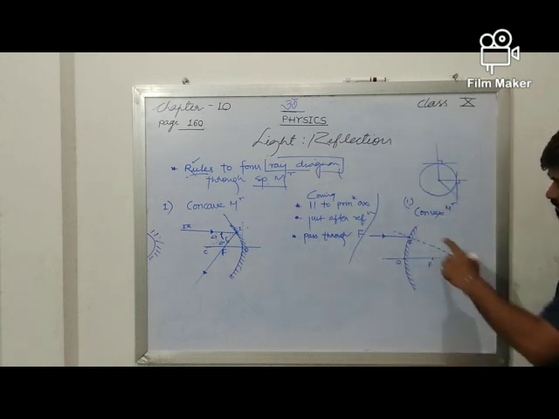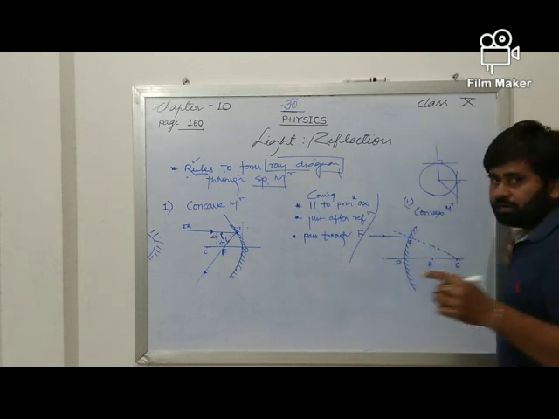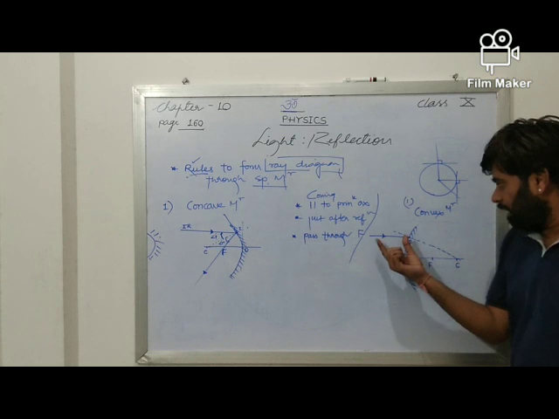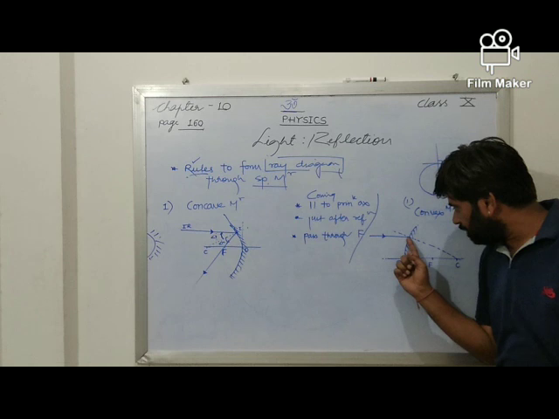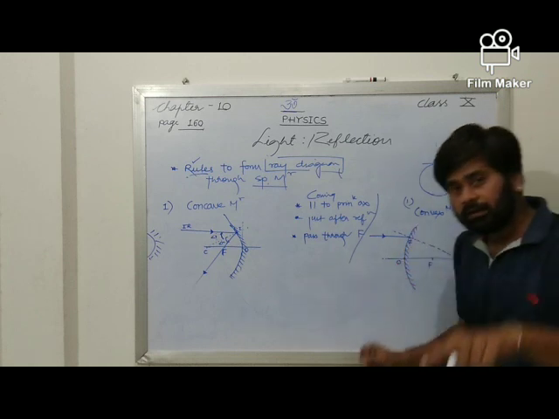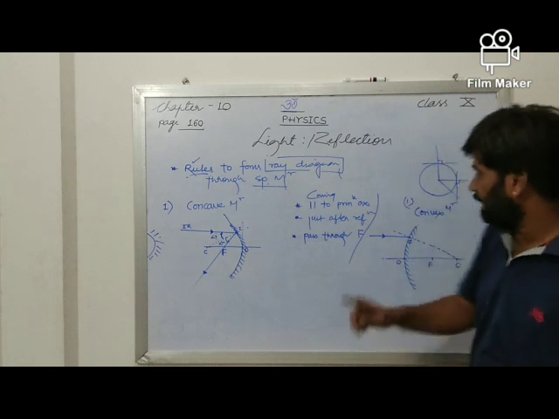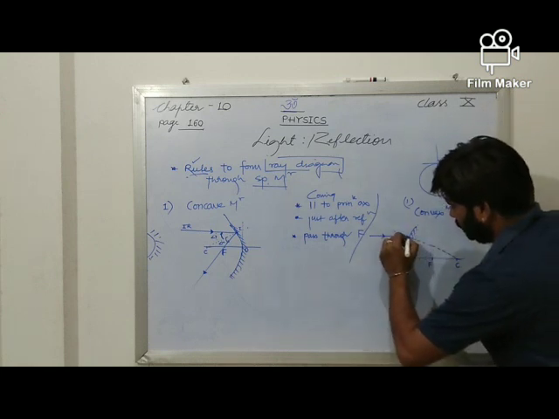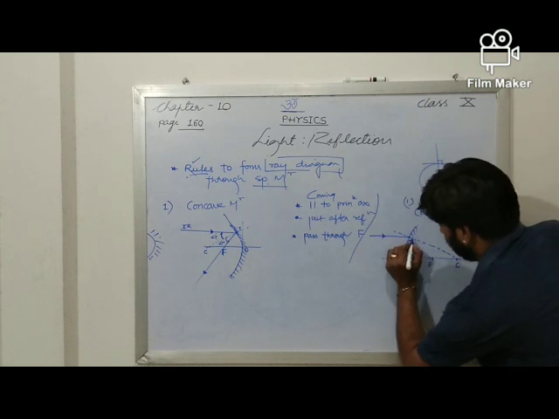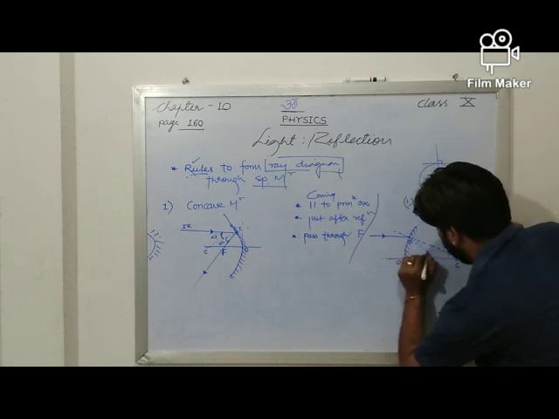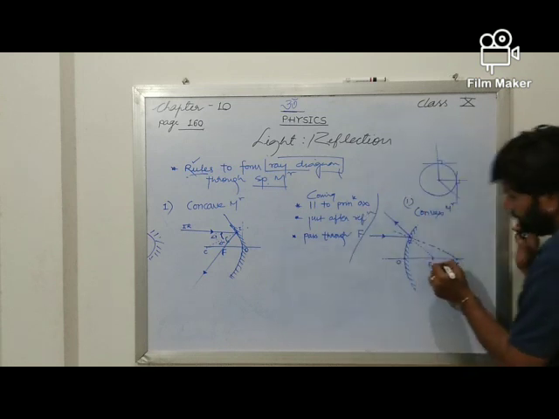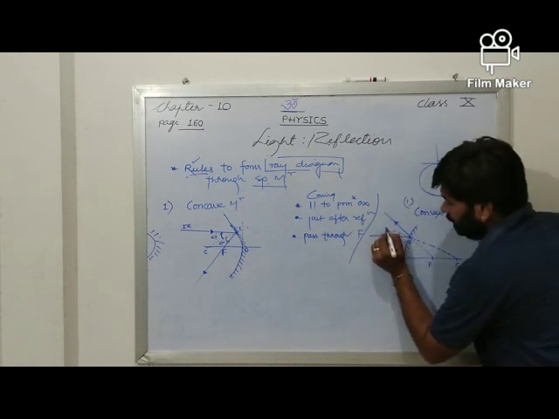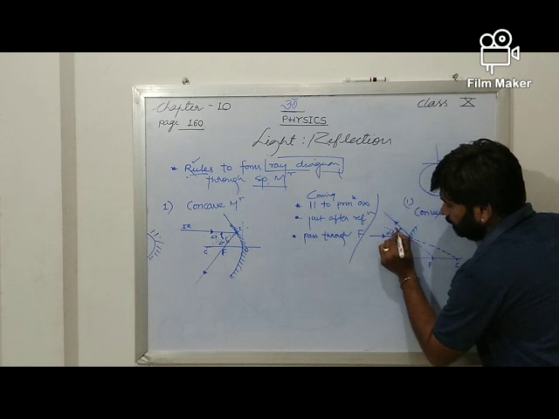Now just after reflection, a line which is coming parallel to the principal axis will appear to come from the focus. So this is the angle of incidence, and this is the angle of reflection.